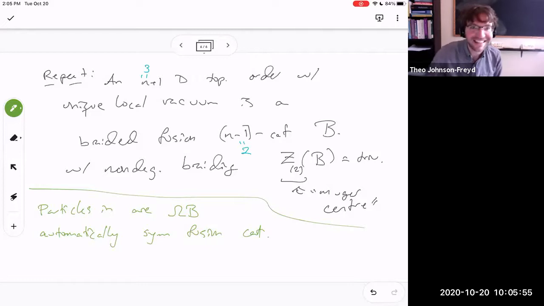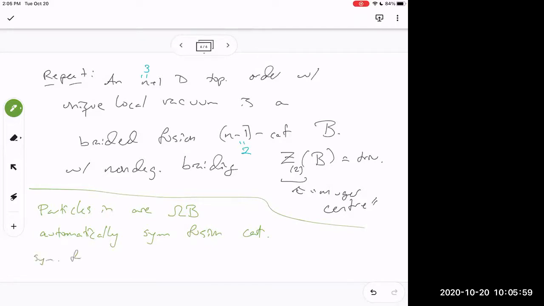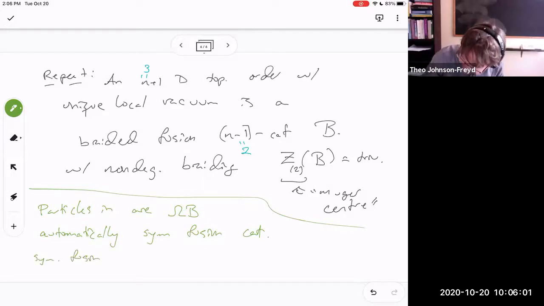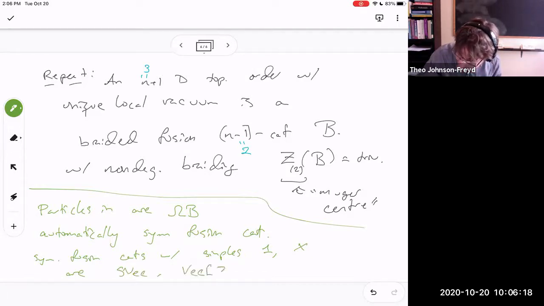Okay, so the symmetric fusion categories with simples, just one object and one other, the identity and one other object, are super vector spaces, and representations of Z2.